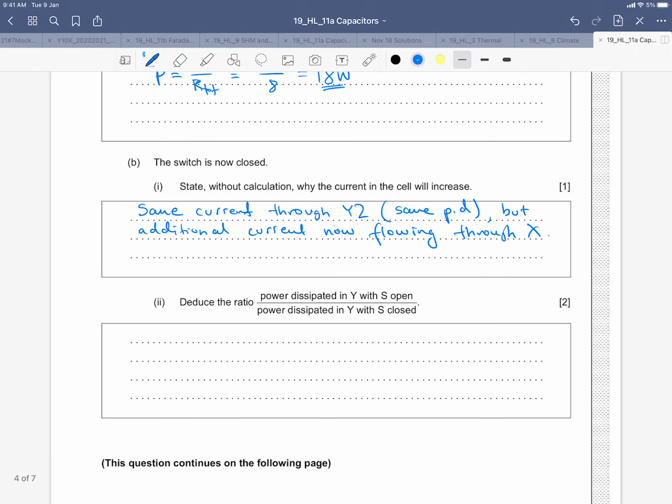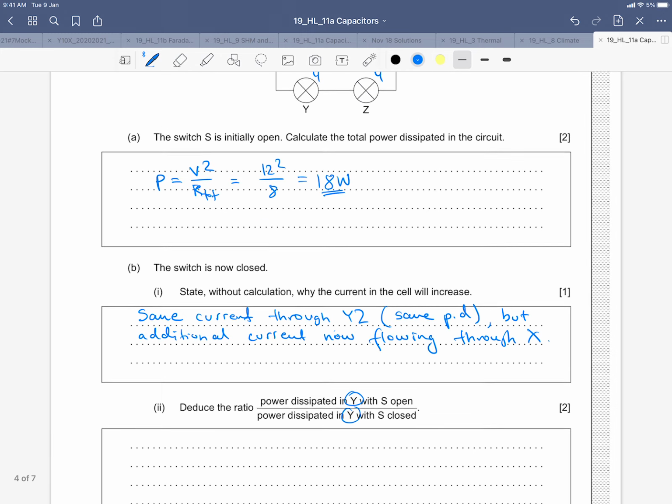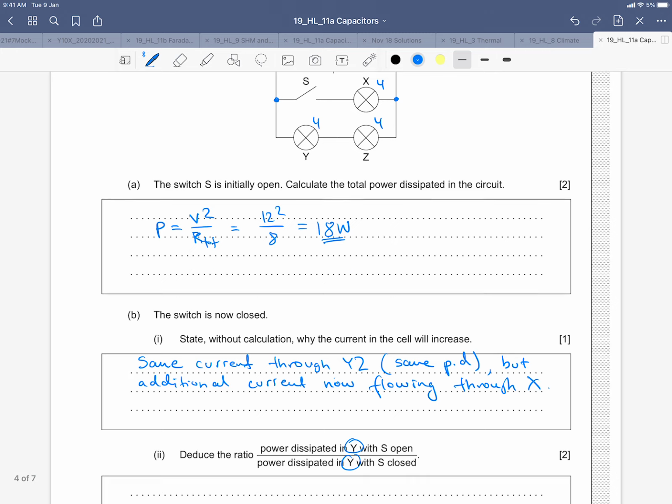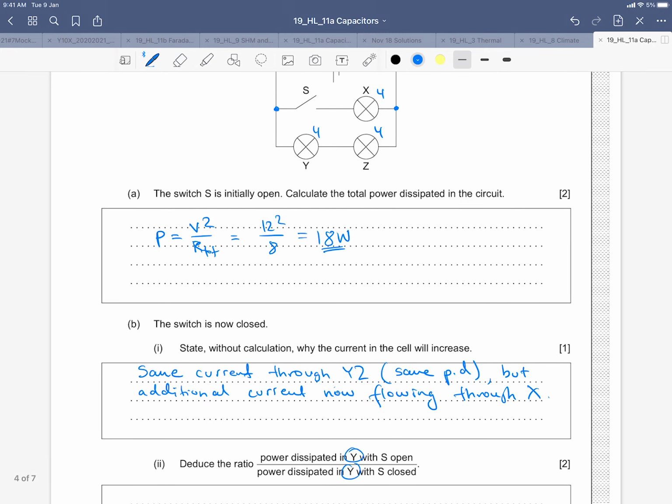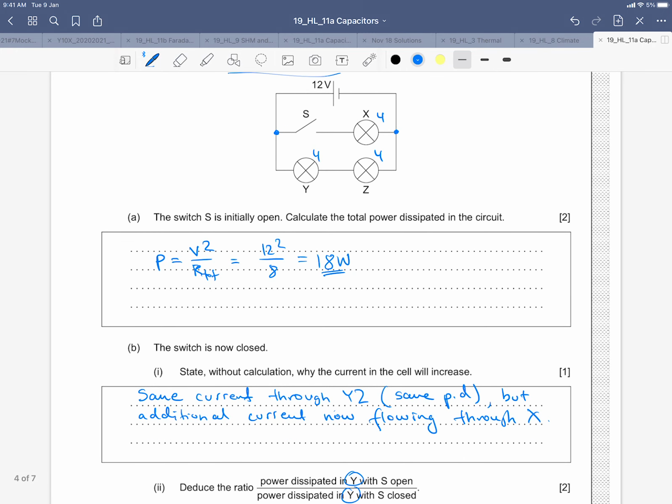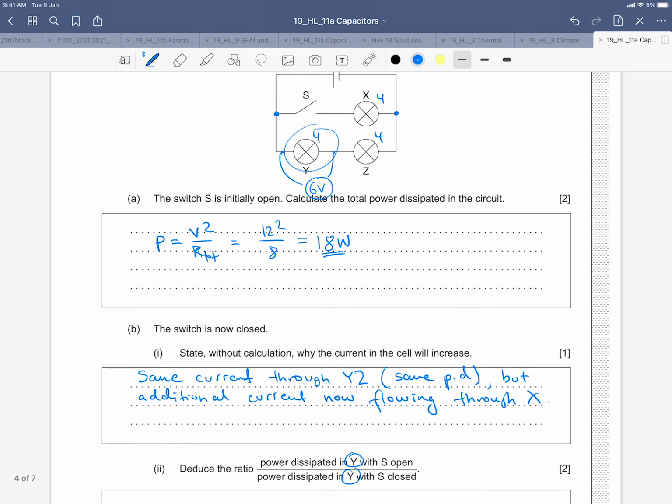The ratio of the power dissipated in Y only with S open and S closed. Not really much is going to change when it comes to Y, because Y will always have the same PD, because it will share the PD. Because Y and Z are identical, we're always going to have 6 volts across Y, regardless of whether S is open or not.